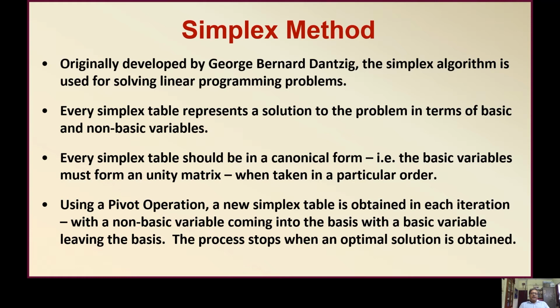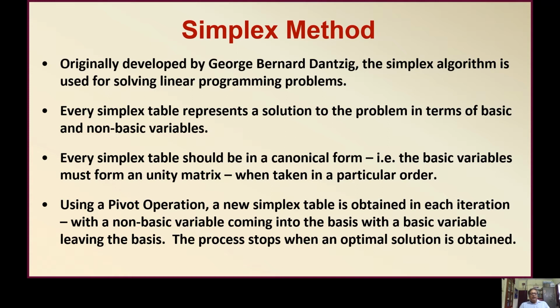So equation number 1 should have only, say, basic variable number 1. It will not be there in the other 5 equations. Similarly, equation number 2 will have only basic variable number 2. Third equation, only basic variable number 3. That is what we are calling a canonical form. So the simplex table should be in a canonical form.